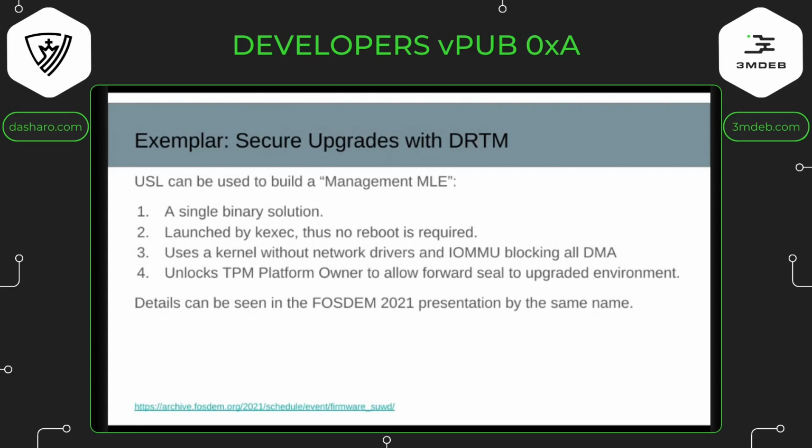You'll have a single binary that could be kexec'd from your running system and would dynamically launch into an environment capable of upgrading your system, in a way that forward seals the PCRs to the new configuration. That way, once it's done and reboots, the system will boot back up, and if you're using TPM seals to seal keys, those keys would be unsealed, and you wouldn't have to deal with a measurement mismatch after upgrade.